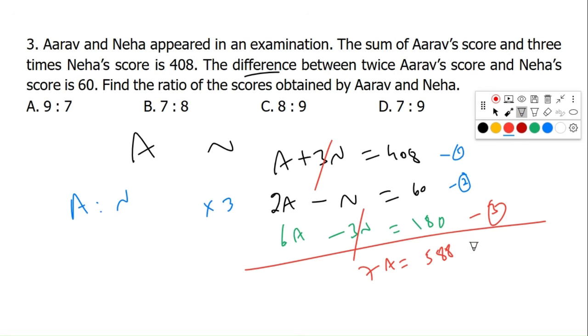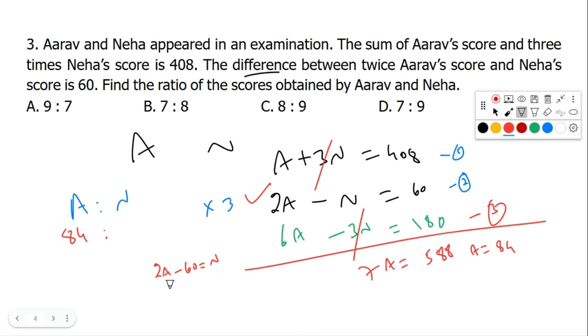So what is a value then? 7 8 56 and I have 28. So 7 4. So a is 84. Right? So how to get n value now? Which one will be better? Okay, taking this equation will be better. I'll get n. So 2 times a minus 60 is n value.